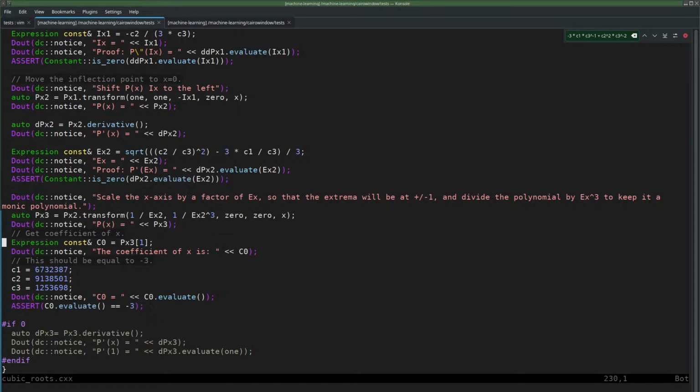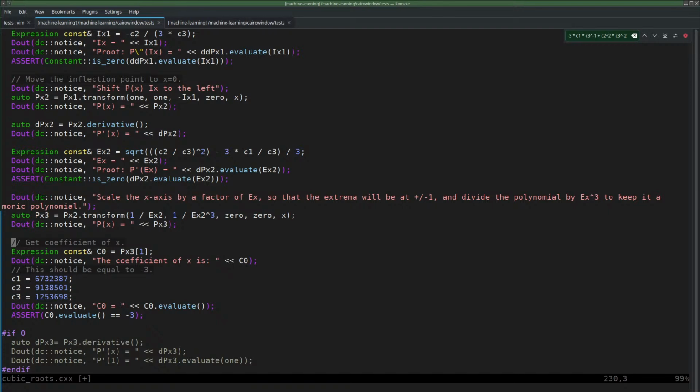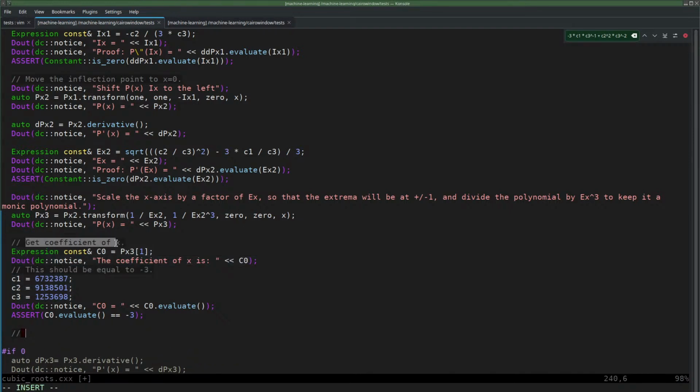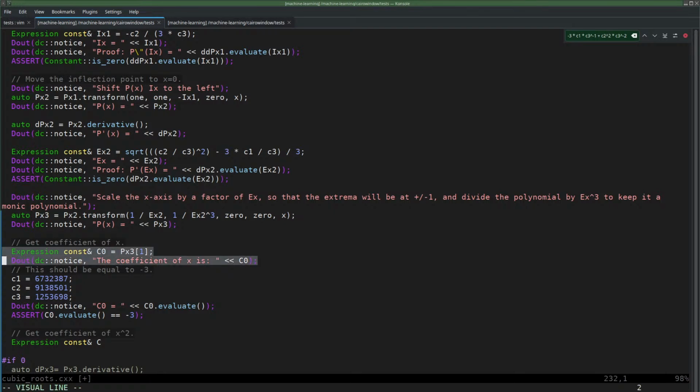Okay, so that was this one. And then let's get the coefficient of x squared. Expression. Why am I calling that C0? Substitute C0 is C1.